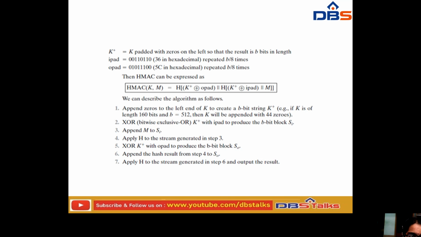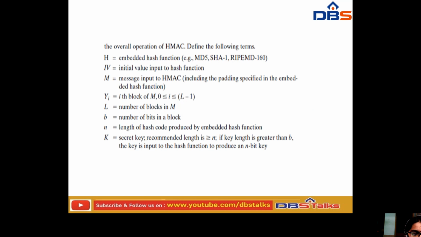So if you have observed this one, in the overall operation we define the following terms, where H is the embedded hash function, IV is the initial value, and M is the message input to HMAC, Yi is the ith block of M, L is the number of blocks in M, B is the number of bits in a block, and N is the length of the hash code produced by the embedded hash function, and K is the secret key.